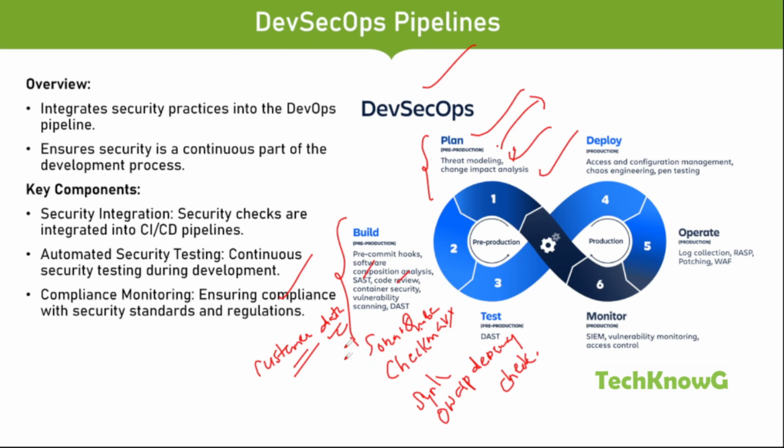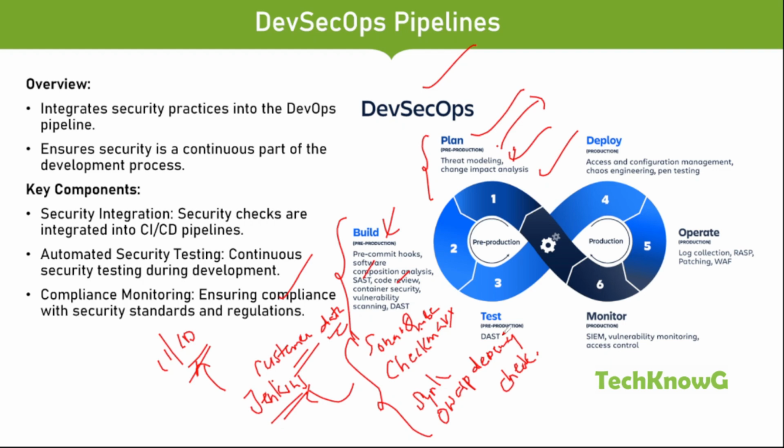These are tools that we can integrate in Jenkins, and I will show you how to integrate them also. Jenkins is the CI/CD tool, so we can integrate them in it, and that makes the application secure and compliant. That's how we implement security in the build phase.